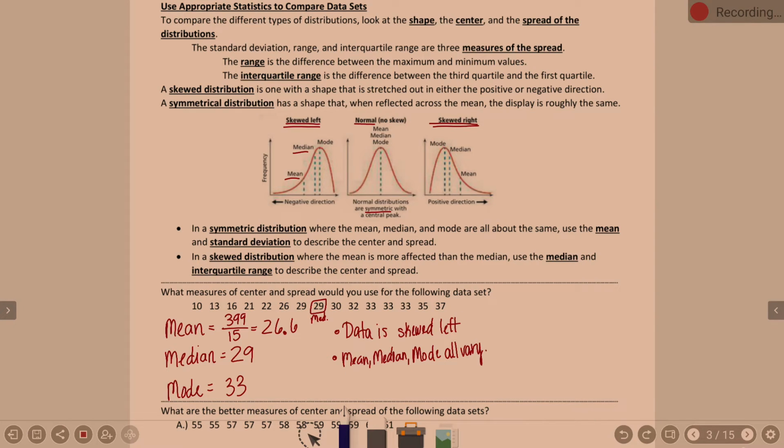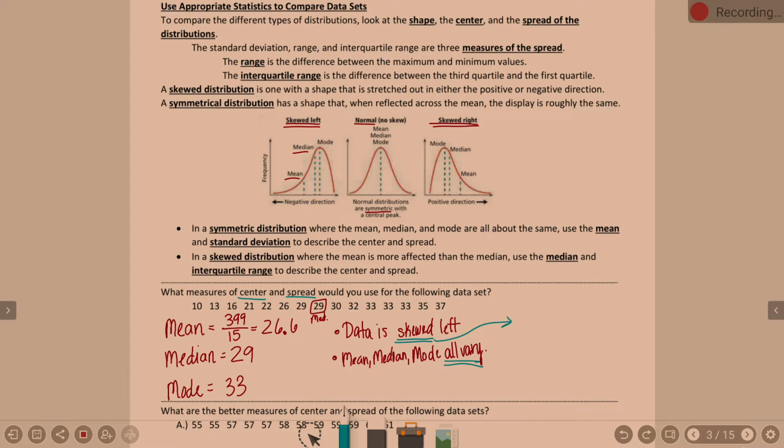Okay. Now, what was the actual question here? What measures of center and spread would you use? Well, what do we know here? This data is skewed, yes? Because mean, median, and mode all varied.